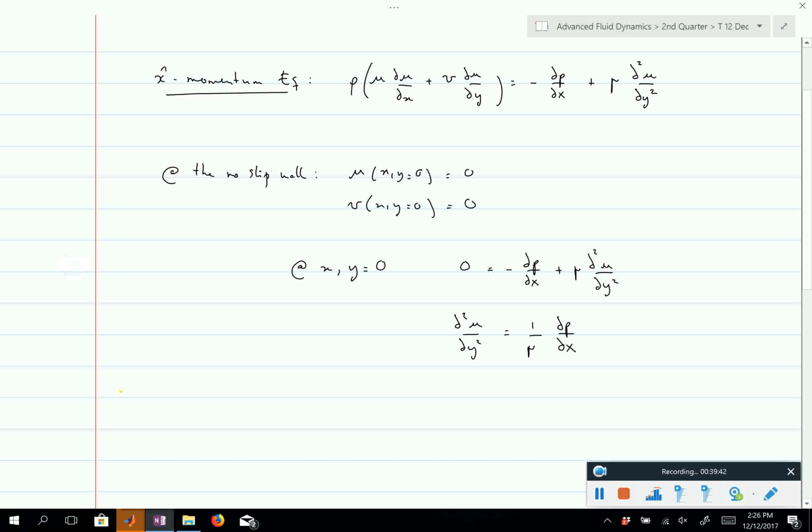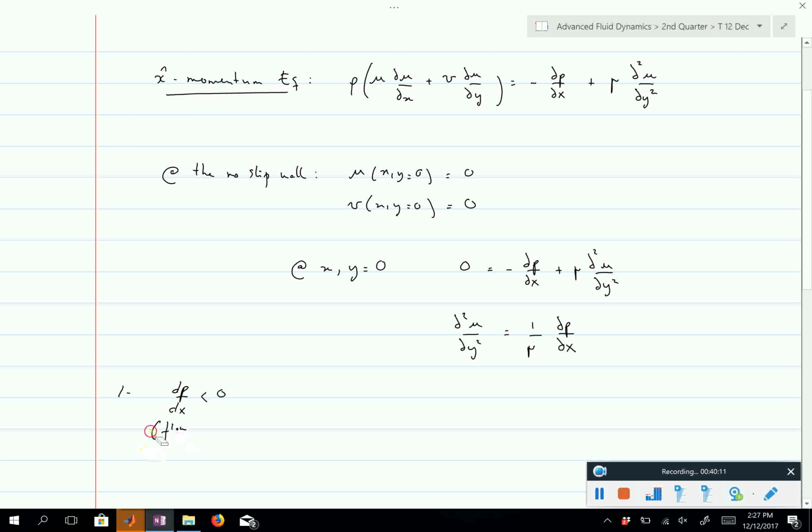So let's think about the front side of the cylinder, when the flow is accelerated. When the flow is accelerated, the pressure drops. So this is when dP/dx is less than 0.